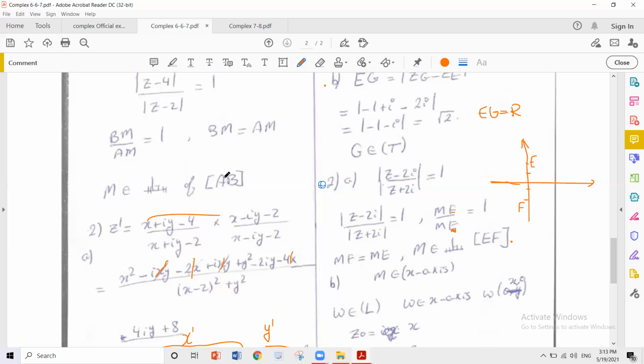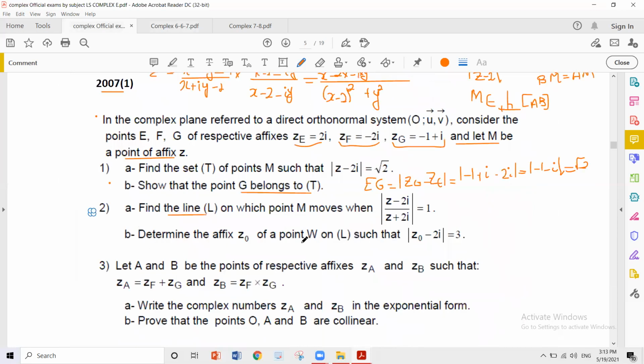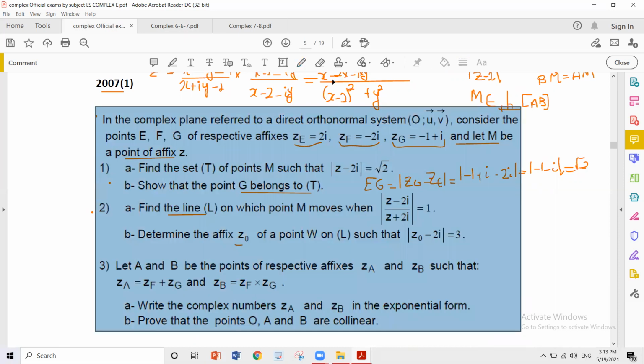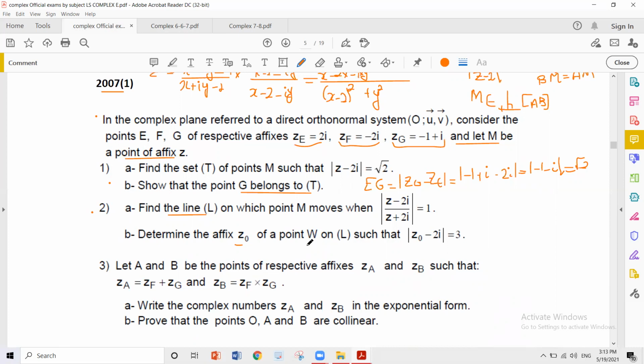So L, which they named for us here, is the x-axis. Determine the affix Z0 of a point W on L. W is on L, meaning W belongs to the x-axis, meaning W has coordinates x0, so Z0 equals x.